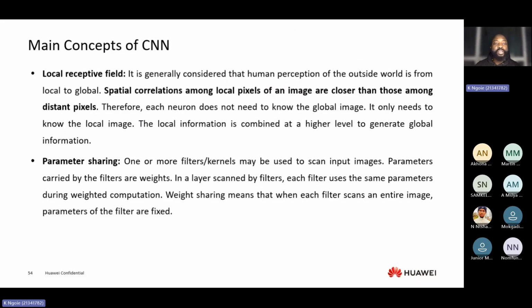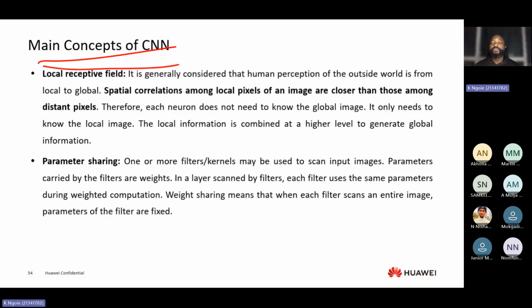So the main concept of CNN: when you look at even your own culture, you realize that the way you see the world is mostly based on the area where you're living in. Your own environment will determine the way you see the world. That's where the main concept of CNN comes from, because we don't look at a picture as just the full image, but we look at each pixel of the picture as playing a role in that picture.